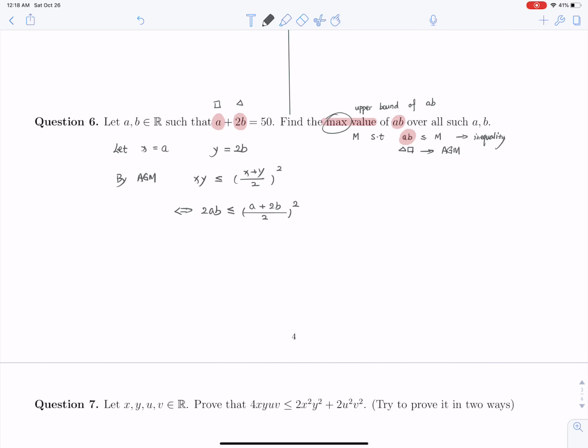Well, a plus 2b here is something we know. We know it's 50. So this whole thing becomes 50 over 2, which is 2ab is smaller than or equal to 25 squared, which will give you ab is smaller than or equal to 25 squared over 2.